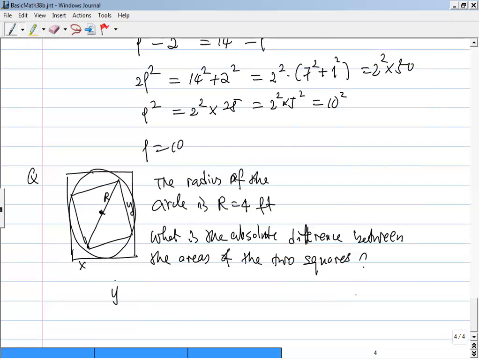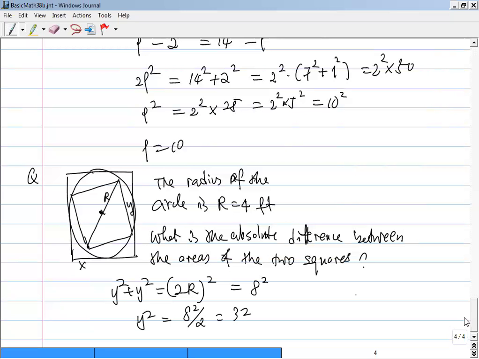So y squared plus y squared equals 2r squared, using the Pythagorean theorem. So that's going to be 8 squared, so y squared equals 8 squared divided by 2, and that's going to be 32.